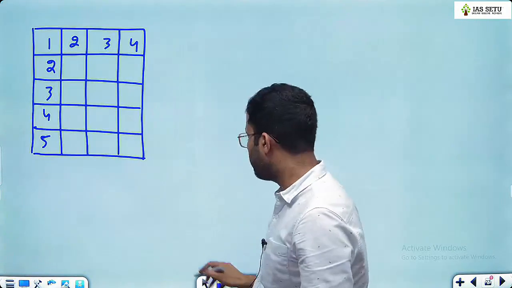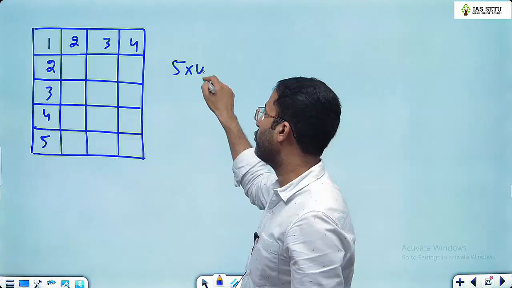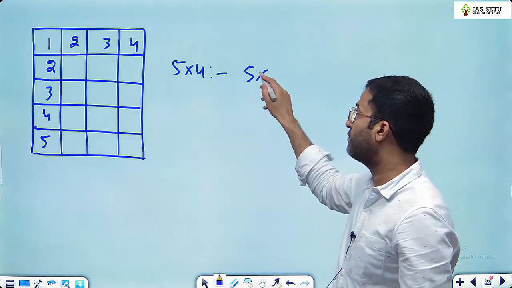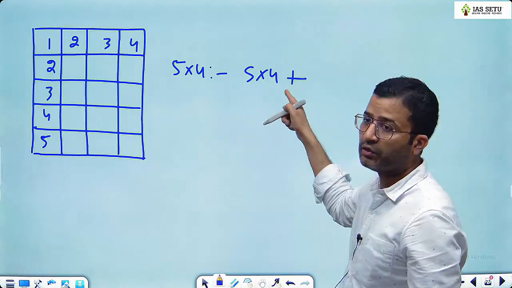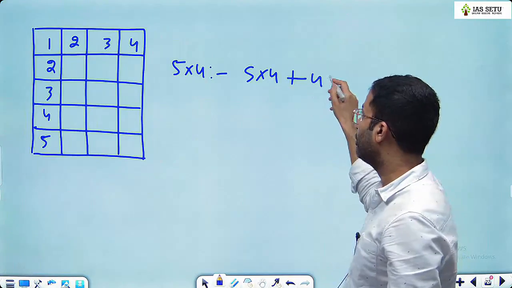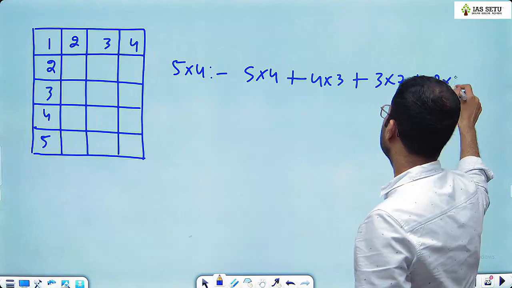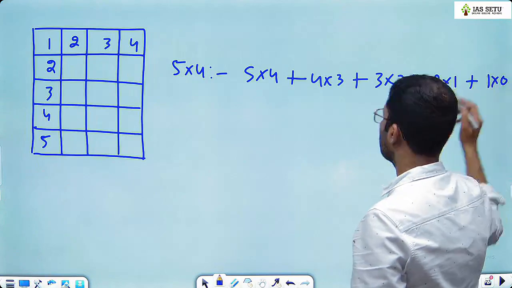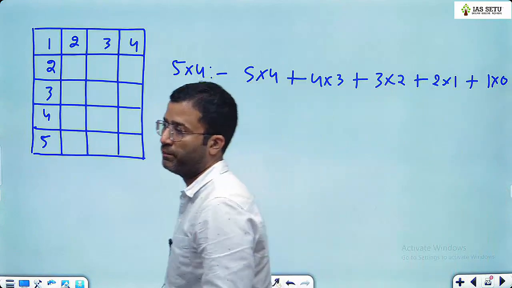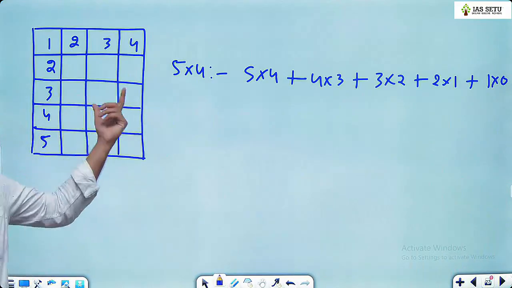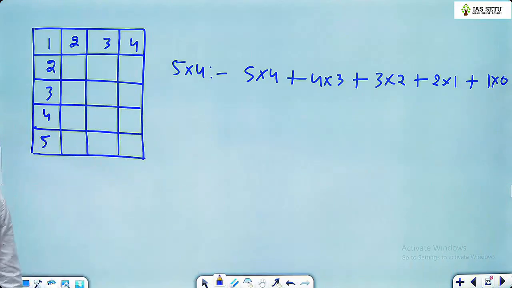So this given figure is 5x4. What you do is start with this number, 5 into 4, subtract 1, 1: 4 into 3 plus 3 into 2 plus 2 into 1 plus 1 into 0. If you get 0, you have to stop. As soon as 0 comes, stop. Start with the given number 5 into 4, keep on subtracting 1 and multiply.